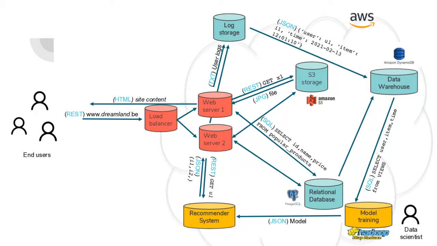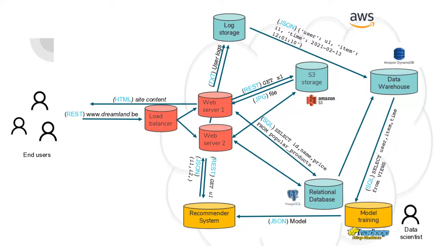And also the web page might show the most popular products. So it needs the name and the price of the most popular products. And that kind of information will typically come from a relational database. So you will do a query, and it's in SQL. It will do a query to the relational database, and the relational database will respond with a list of popular products, their name and their price.